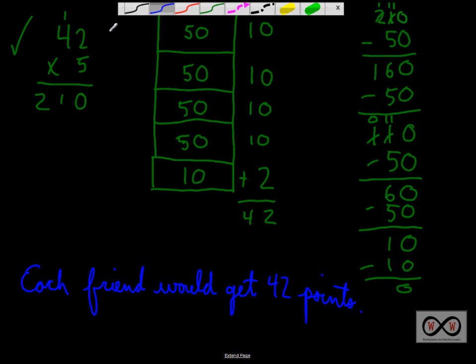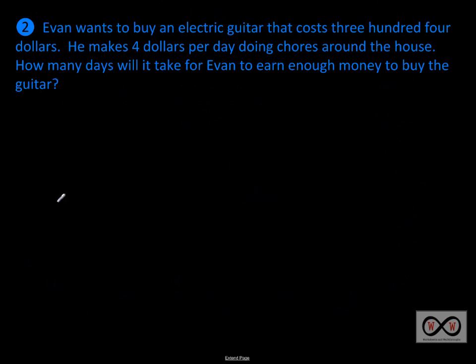There you go. So we've solved that first problem. Now let's take a look at the second problem. In this case, Evan wants to buy an electric guitar that costs $304. He makes $4 per day doing chores around the house. How many days will it take for Evan to earn enough money to buy the guitar?